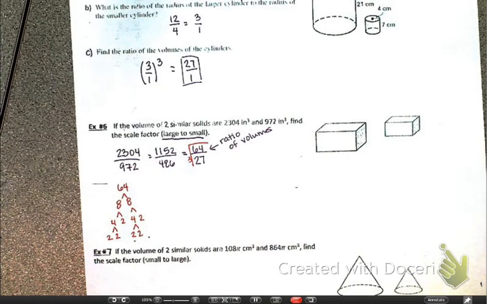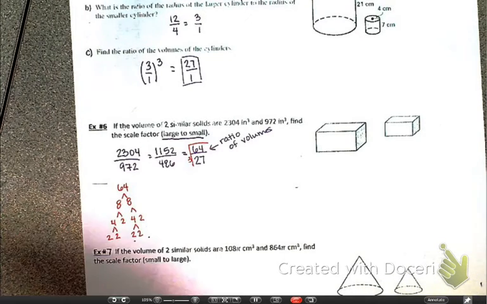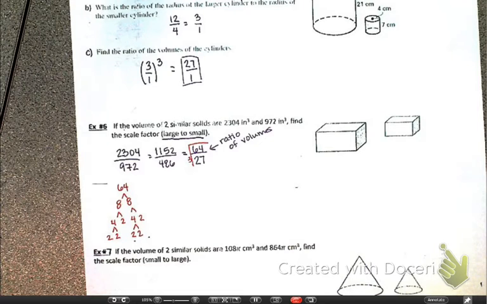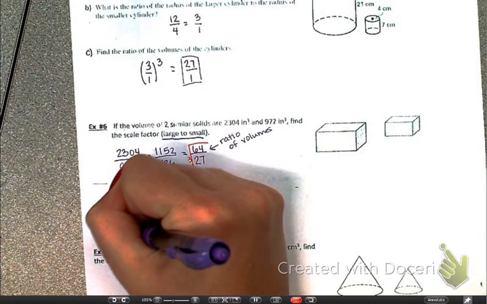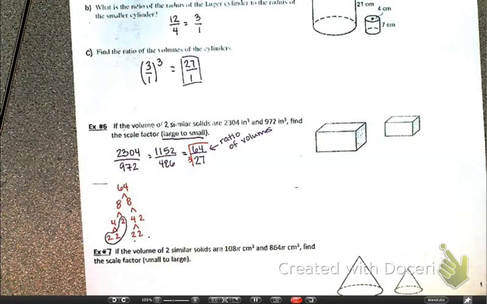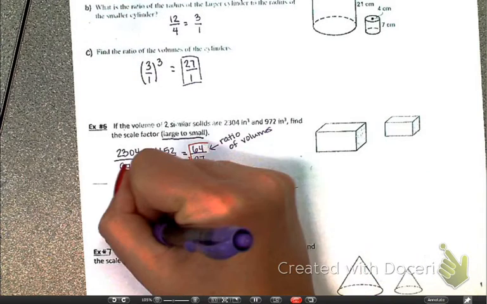So same process. The difference is I'm taking the cube root, so I'm looking for groups of 3 instead of groups of 2. So what do you see as a group of 3? I see 3 2s and another set of 3 2s.